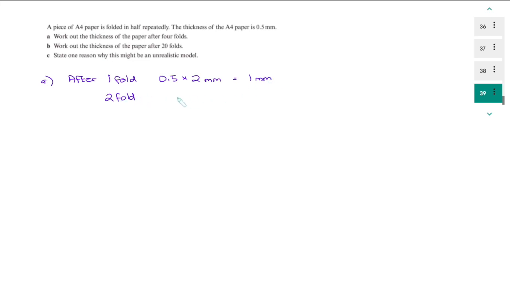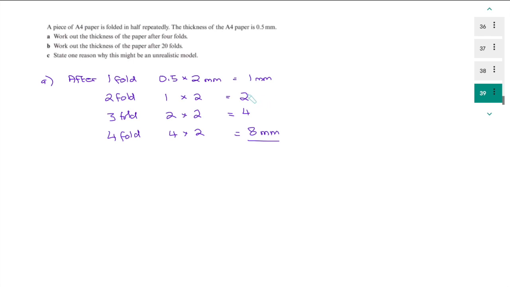After 2 folds, you're going to have 1 times 2, which is 2, okay. After 3 folds, you're going to have the same thing again. We're going to double this, so we're doubling each time. So after 4 folds, we're going to double 4, and we've got 8.